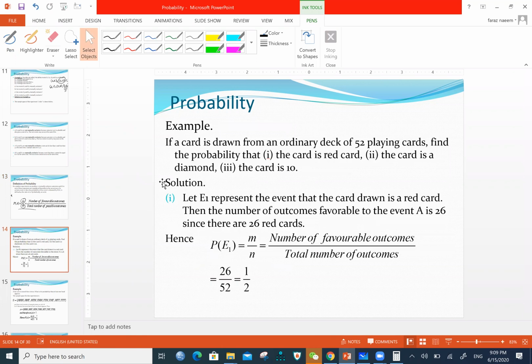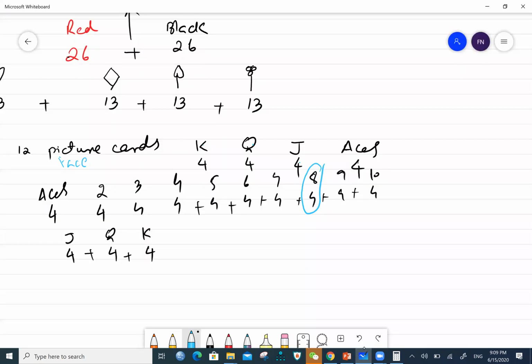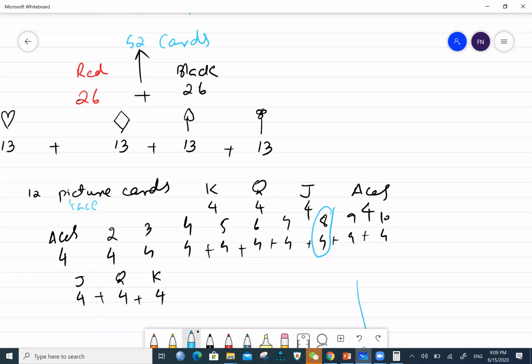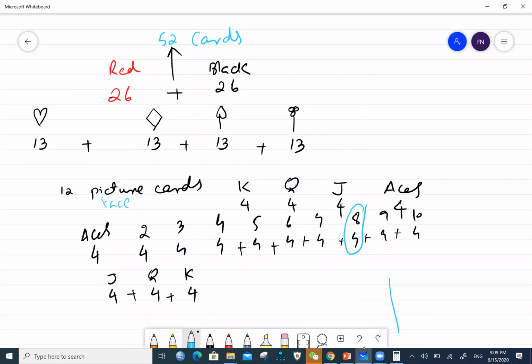So we solve one example. If a card is drawn from an ordinary deck of 52 playing cards, find the probability that the card is a red card. Now, how many red cards? There are 26 red cards. We are drawing one card and we are saying that it should be red.